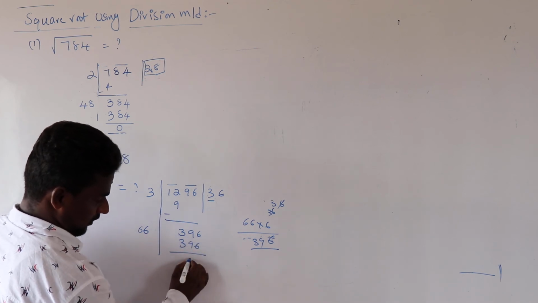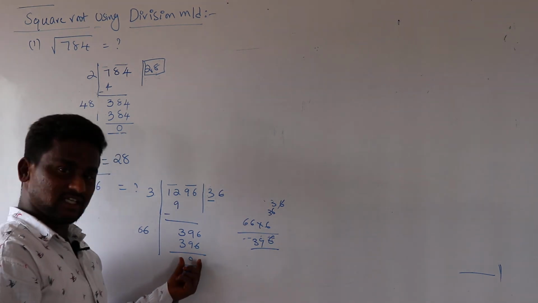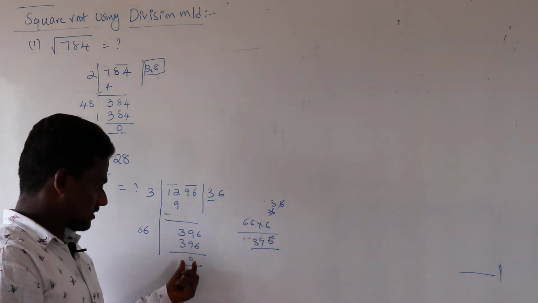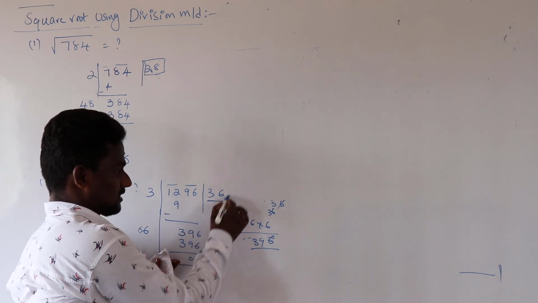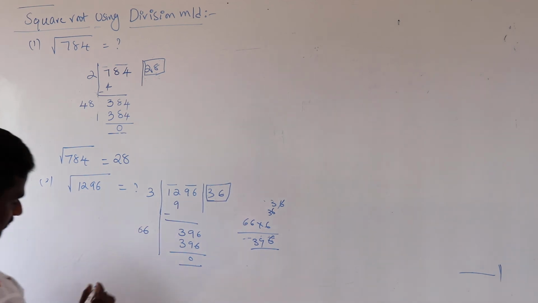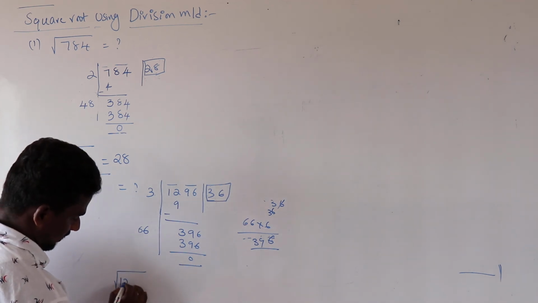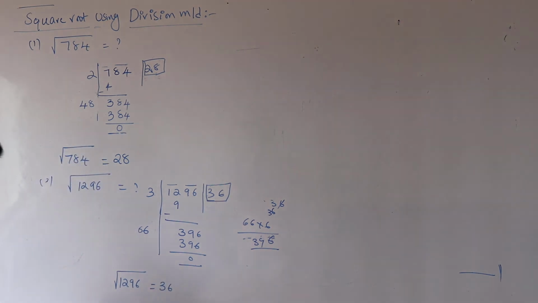Now what is the remainder value here? 0 is the remainder. Whenever we get a 0 as a remainder while doing like this, that corresponding coefficient value is 36. This 36 is the square root of 1296. Therefore the square root of 1296 equals 36 is our answer.